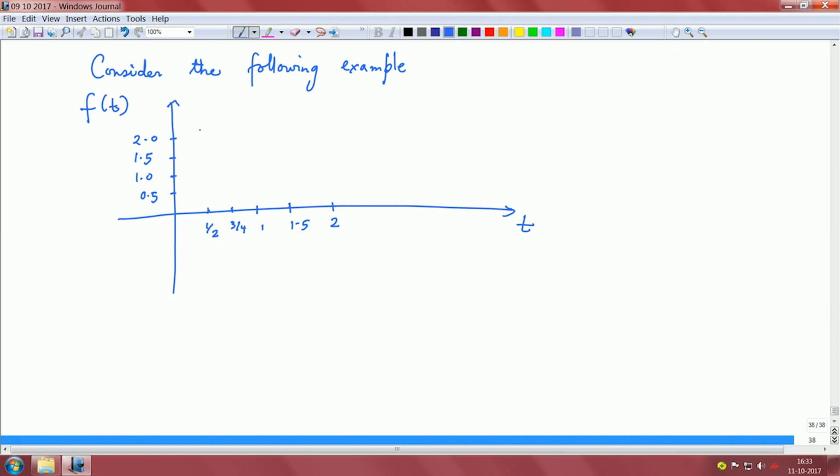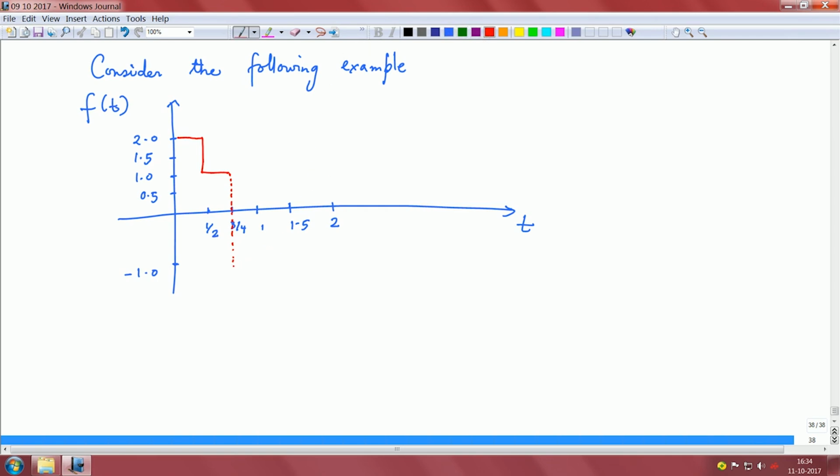So, until half this is basically 2, then there is a sharp dip, it comes to 1, then for the next quarter time step it maintains at 1, and then there is again a discontinuity here, this is 1 minus 1.